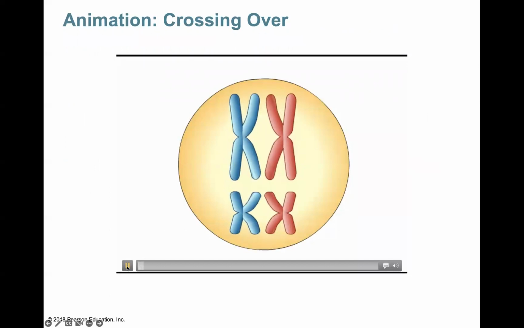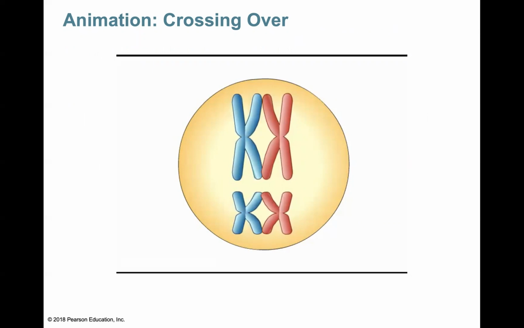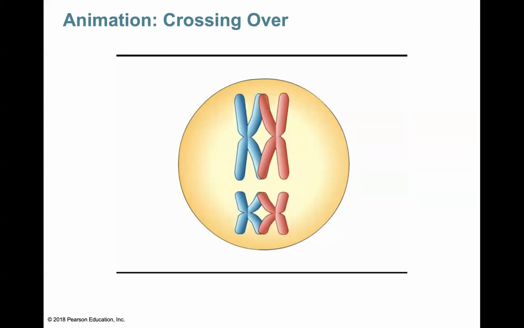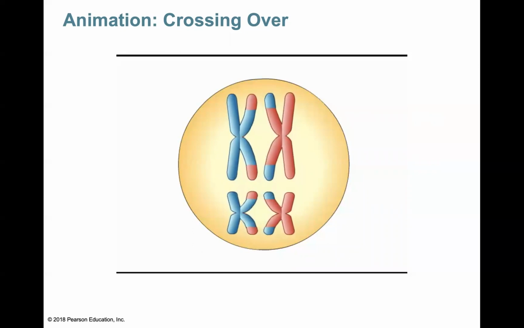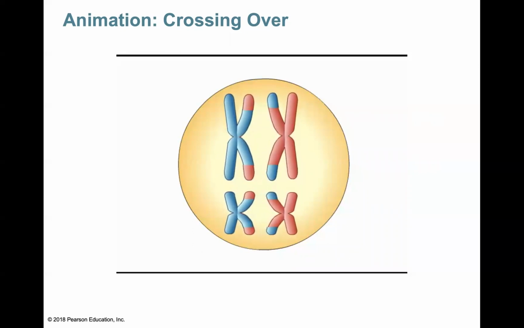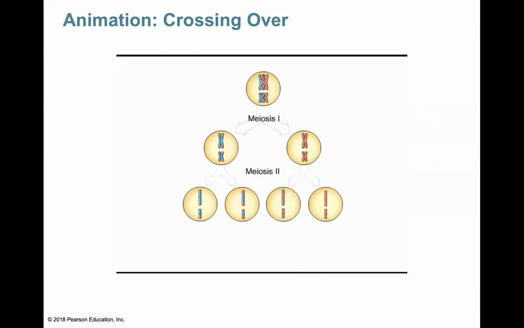During prophase 1 of meiosis, homologous chromosomes pair up very closely, and corresponding parts of two non-sister chromatids may trade places. This process of crossing over creates variation by producing chromosomes that combine the genes inherited from two parents. Here, the process produced a total of 4 genetically different gametes. There are many ways crossing over can occur.